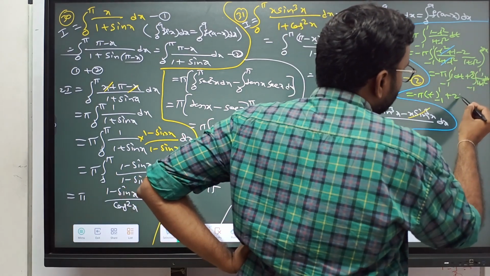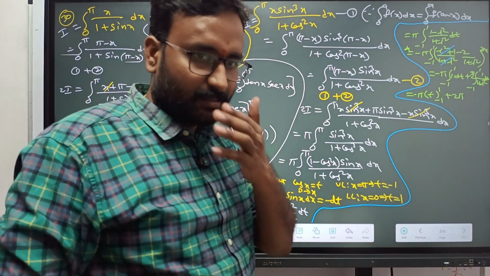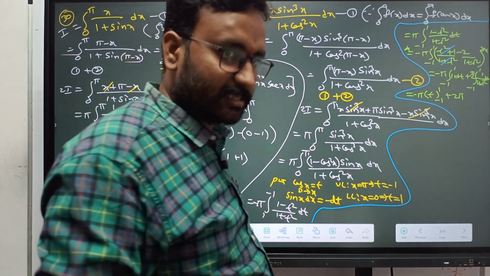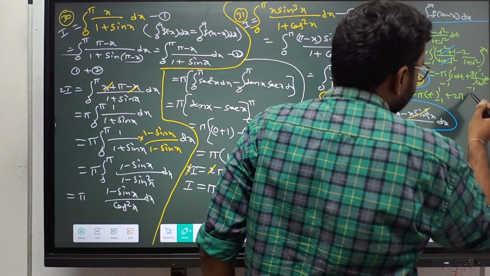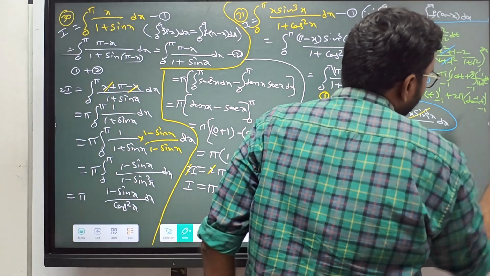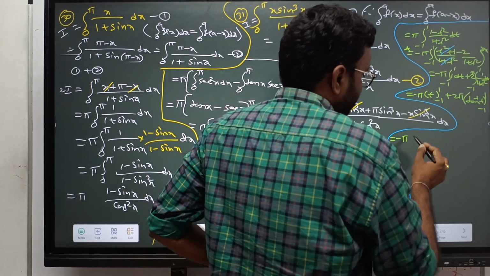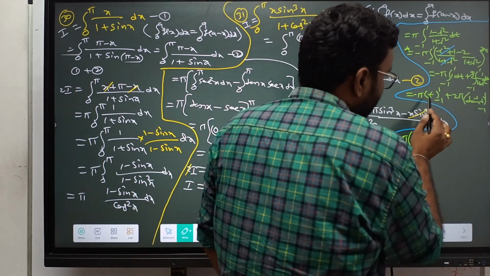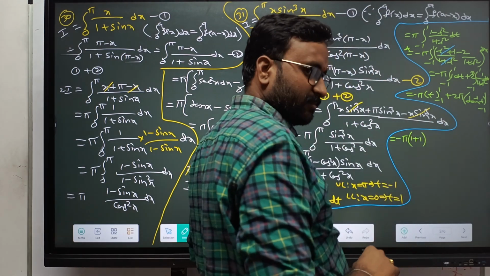So plus 2 pi. What is 1 by 1 plus x square dx? Tan inverse x. So that is tan inverse t, minus 1 to 1. Now apply limits. Minus pi, bracket open. First write 1 minus into minus plus. Finish this.